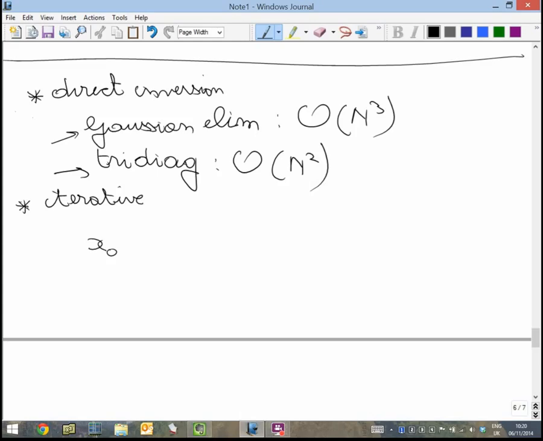It could be a random vector. It could be the solution to a slightly different problem of which you assume that the new solution will be similar. So you start with a guess, and then you refine that guess through some magic, and I will not be able to talk about the magic. You come up with a hopefully more accurate approximation, and then you keep on refining this until at the end of the day you get convergence.